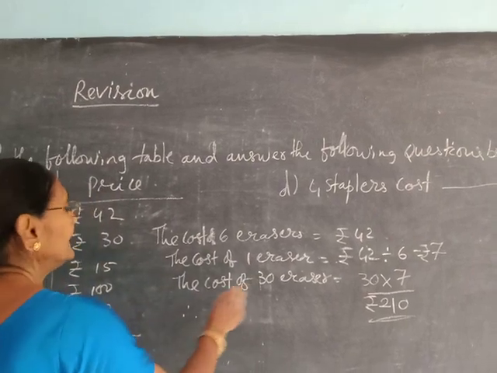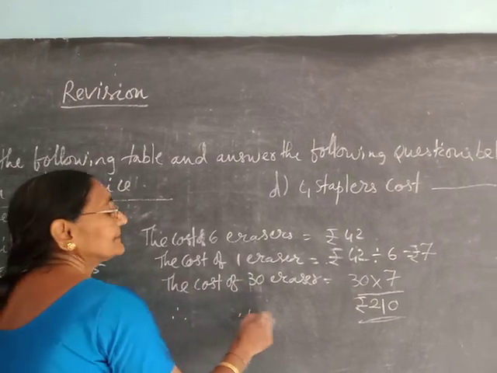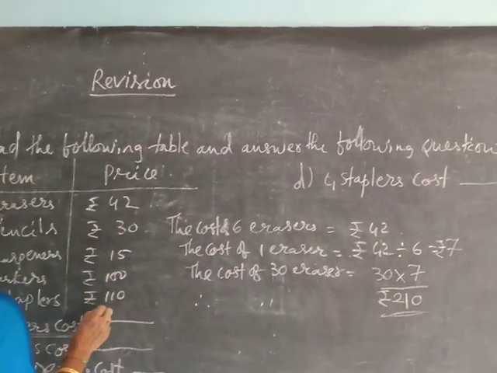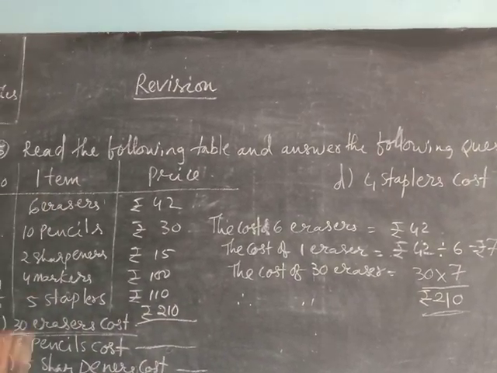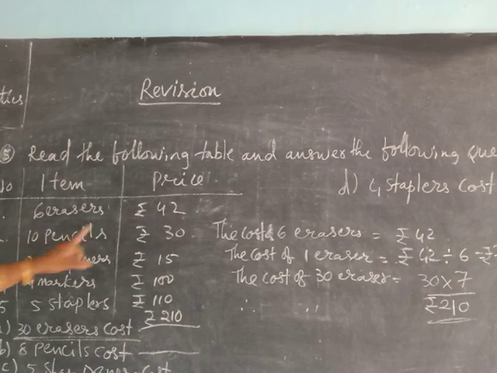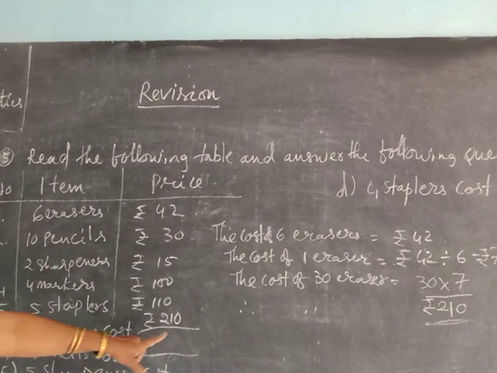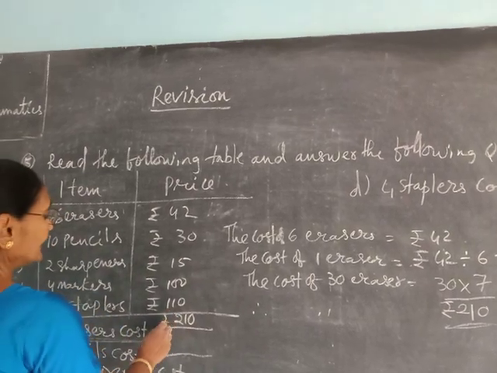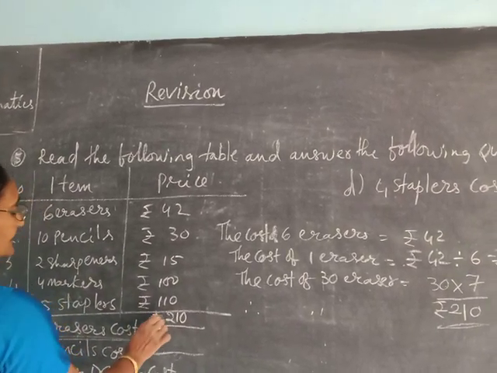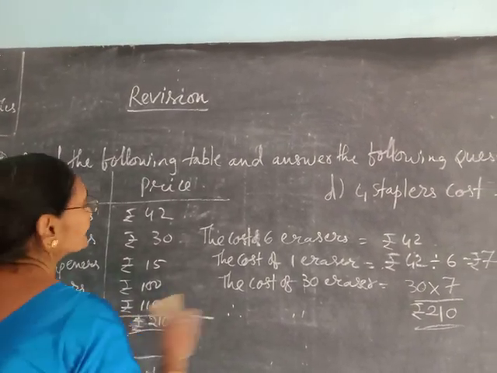The cost of 30 erasers is equal to 210 rupees. So you have to write here 210. Do you understand? 6 erasers cost 42 rupees and 30 erasers cost how much? First you have to find the cost of 1 eraser, then you find the cost of 30 erasers. Next question please.